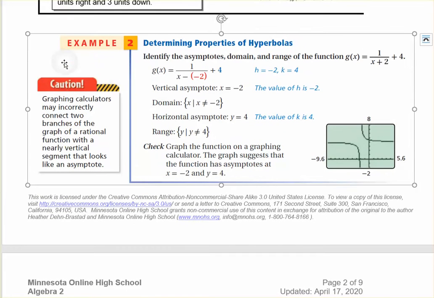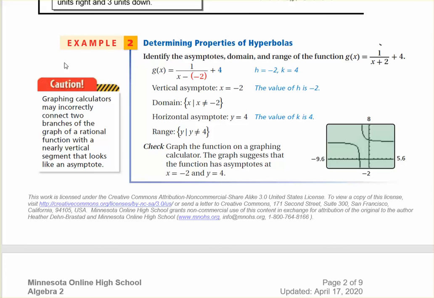Also, from the equation we can find the asymptote, so it's not just from the graph. We can look at this and use the denominator to find the vertical asymptote. We cannot let x be -2, because if it was, we would be dividing by 0, which is not allowed. And that gives you the vertical asymptote.